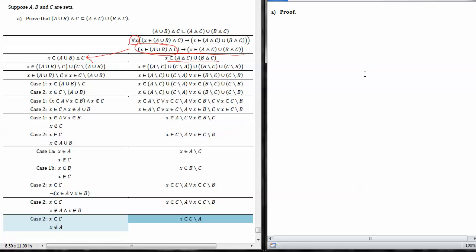So we want to write: let x be an arbitrary element of A union B, symmetric difference C. And we're going to show that x is in A, symmetric difference C, union B, symmetric difference C.